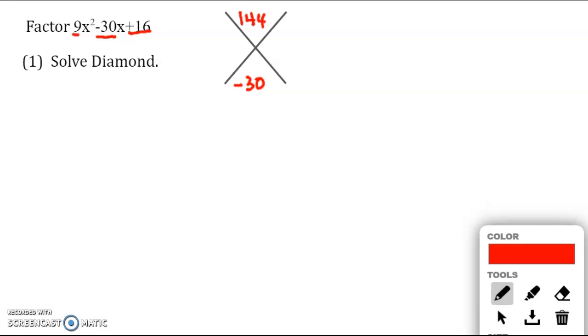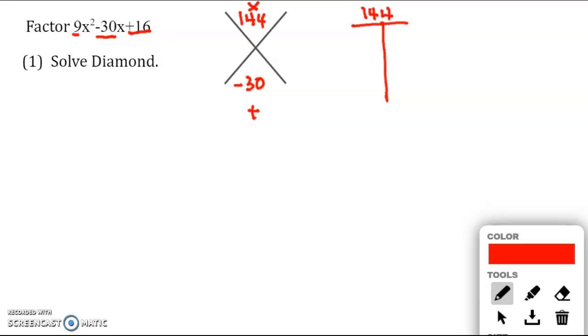Okay, so now we are looking for two numbers that multiply to 144, but that add to negative 30. What are my numbers? So I'm looking for 144. Okay, it's positive. That means they are either going to be positive, positive, or negative, negative.